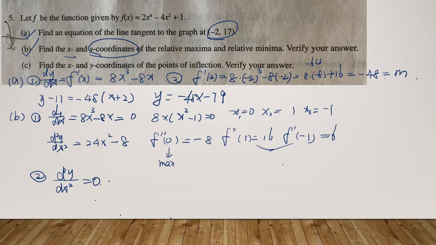When the second derivative is 0, at that point there is an inflection. So 24x squared minus 8 equals 0. So x squared equals 8 over 24, which is 1 over 3. So x equals negative square root of 1/3 or positive square root of 1/3.